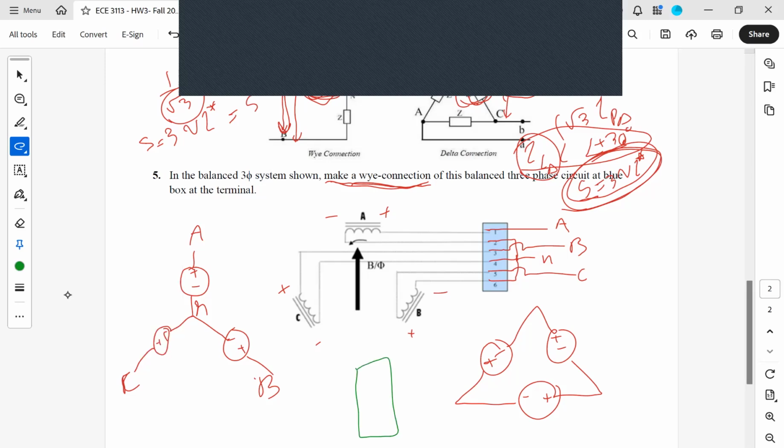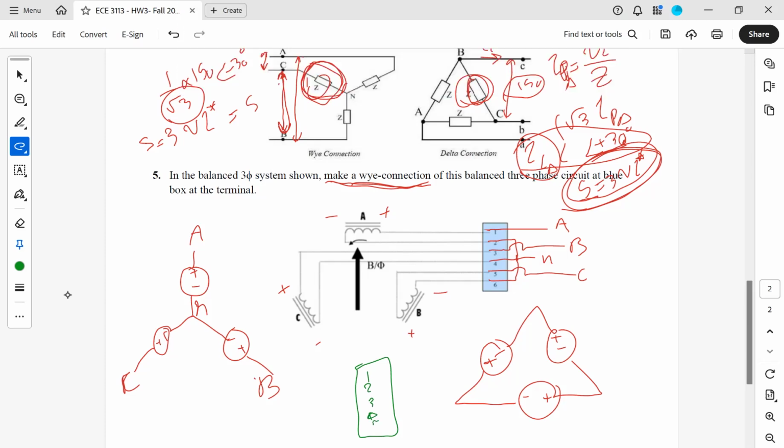So let's say we have here 1, 2, 3, 4, 5, and 6. 1 is positive. The next one, the neighboring one, C negative, or B negative, it doesn't matter, the C negative is the fourth one.